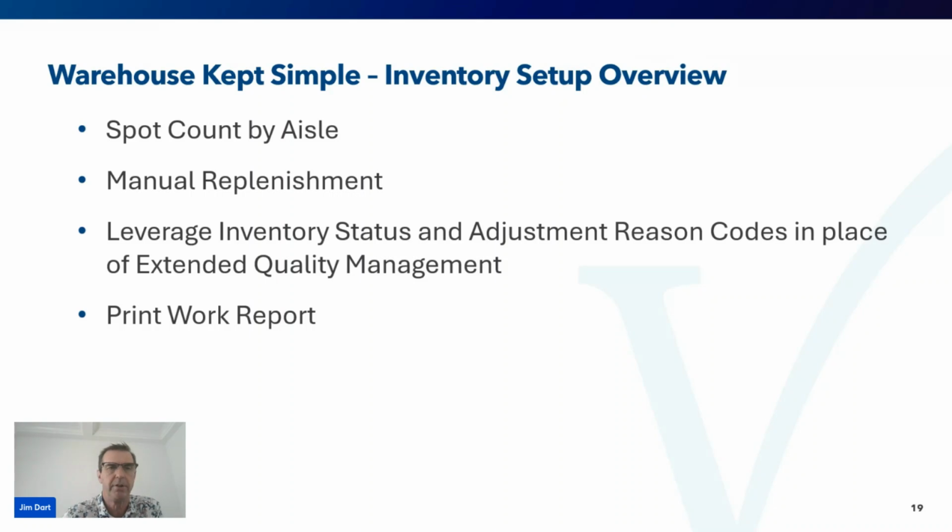But a simple way to accomplish this within D365 without setting up that quality management detail is to leverage inventory statuses and adjustment reason codes. Changing the inventory status can prevent it from being picked for sales orders or production orders, and the adjustment codes can be used to identify the reasons why particular material is not available. So that can be a powerful alternative to really detailed quality management setups.